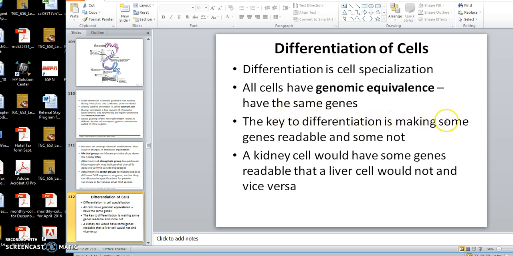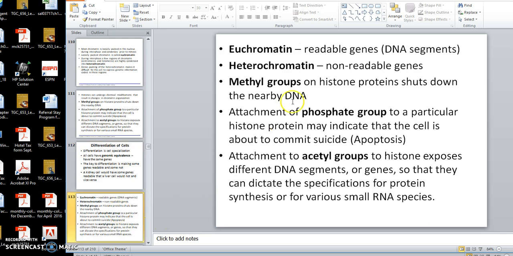The key to differentiation is making some genes readable and some not. The readable were euchromatin and the not readable were heterochromatin. A kidney cell would have some genes readable that a liver would not, and vice versa. Euchromatin, readable genes. Heterochromatin, non-readable genes. How do you do it? You put some groups on it to close it off, even though it's present.